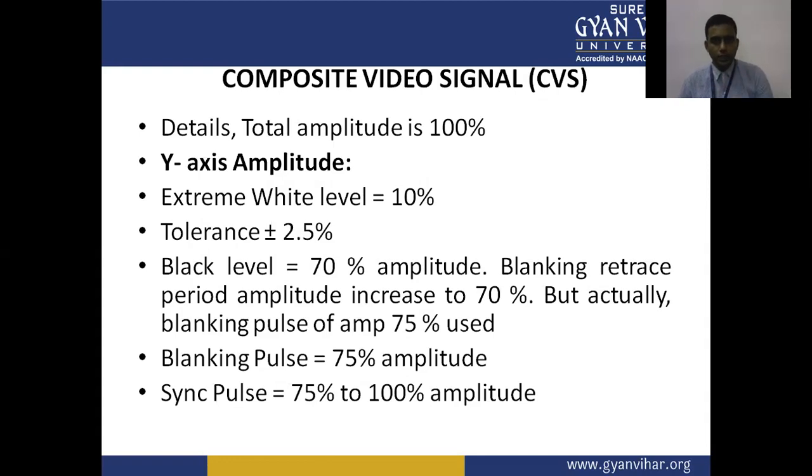From the figure, we will now discuss the details of the composite video signal. Total amplitude is 100%. On the Y-axis, amplitude, the extreme white level is 10%, with a tolerance of plus or minus 2.5%. Black level is 70% amplitude. The blanking retrace period amplitude increases to 70%, but actually a blanking pulse of amplitude 75% is used.